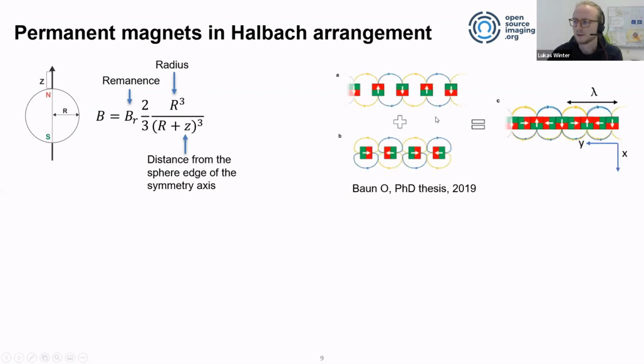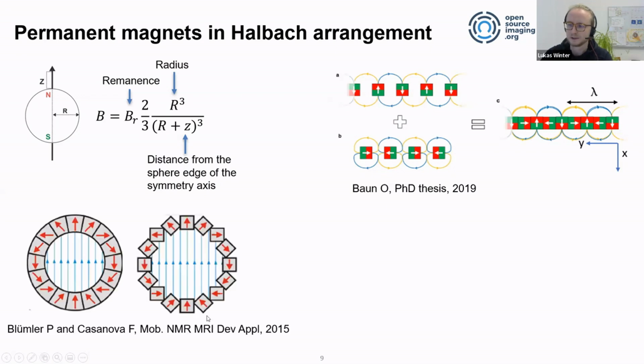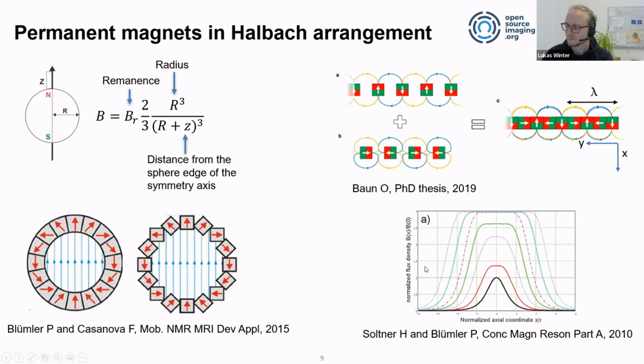But what you can do is, when you have a lot of these magnets and you position them in a certain way, you have constructive interference on one side and destructive interference on the other side. And this is called a so-called Halbach arrangement. This is a linear Halbach, and then when you actually have it in a circular, spherical, or cylindrical fashion, then you get a homogeneous field inside.